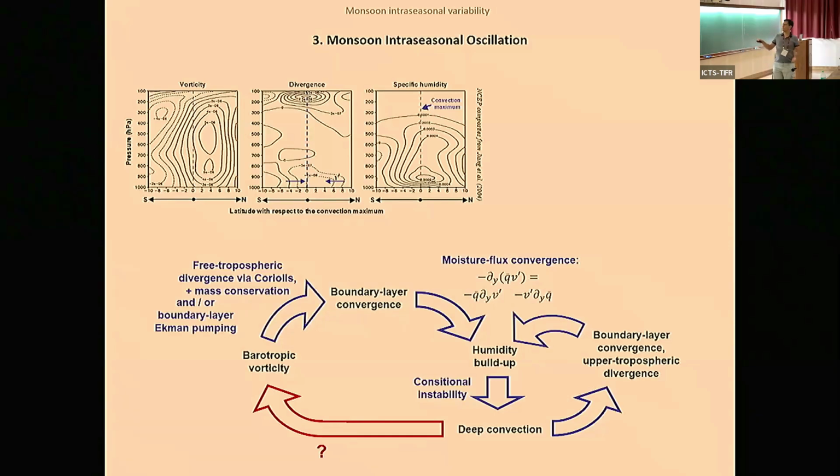And we also have, even in the axisymmetric framework, a part that's horizontal advection of humidity because of the anomalous meridional wind and the mean seasonal gradient of humidity, where deep convection creates boundary layer convergence, and so a southward wind north of the convection, and so advection of humidity horizontally.